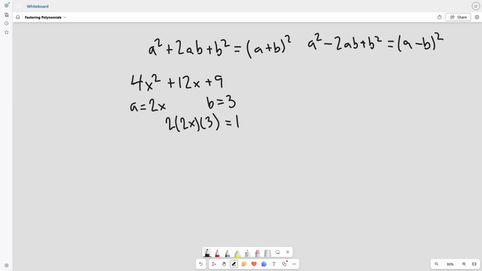That does in fact give us our 12x. So we know that we can go ahead and use this form. Our a is 2x, and our b is 3, and that's squared, and that is how you factor a perfect square trinomial.